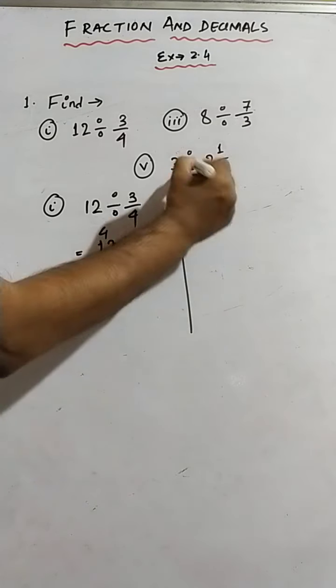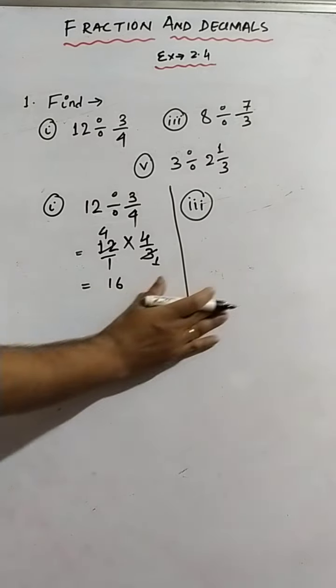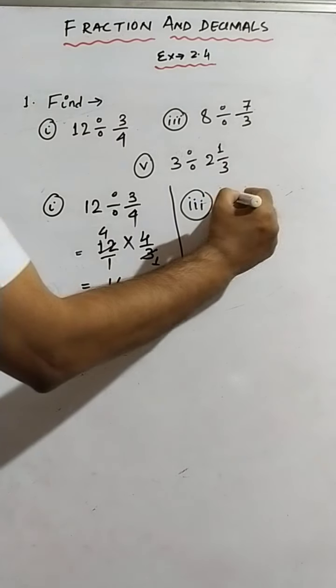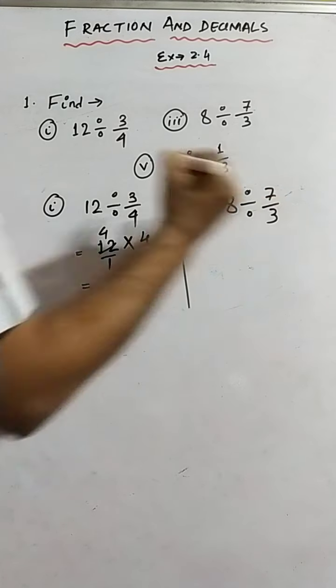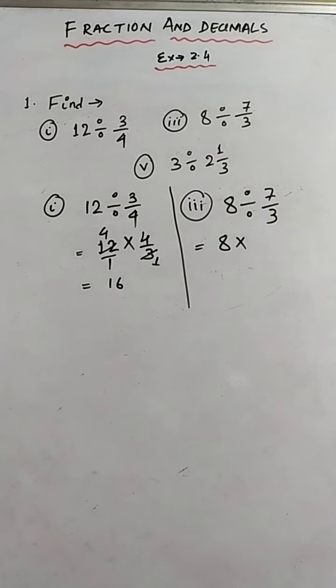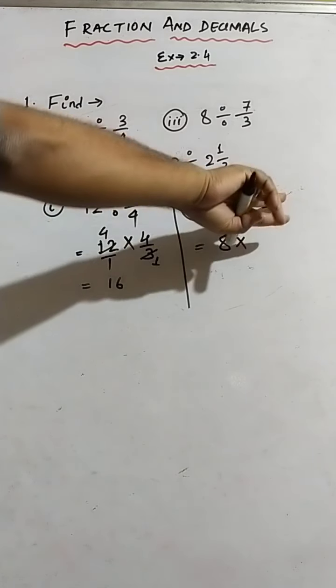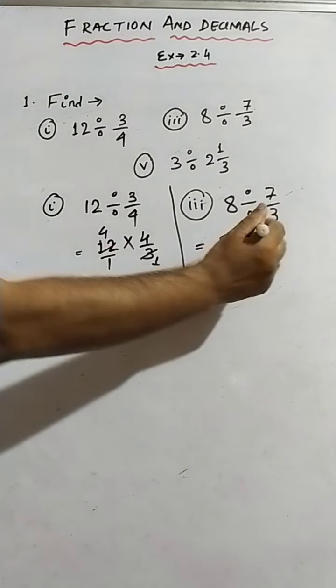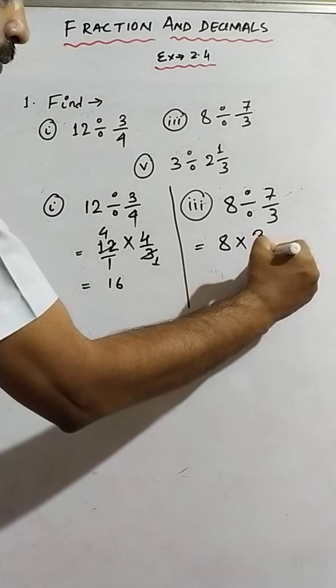Now let's go with number 3. Number 3 is 8 divided by 7 upon 3. Now again we will do the same thing. In place of division, we will put multiplication sign. So now what will happen? Now this fraction will be reversed, or reciprocal. That is, 3 will go up and 7 will come down. So 3 by 7.